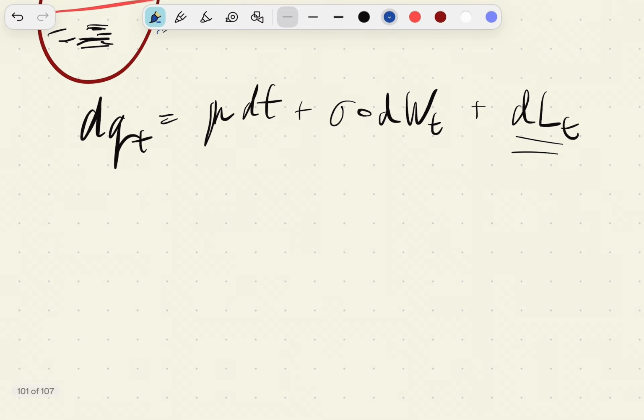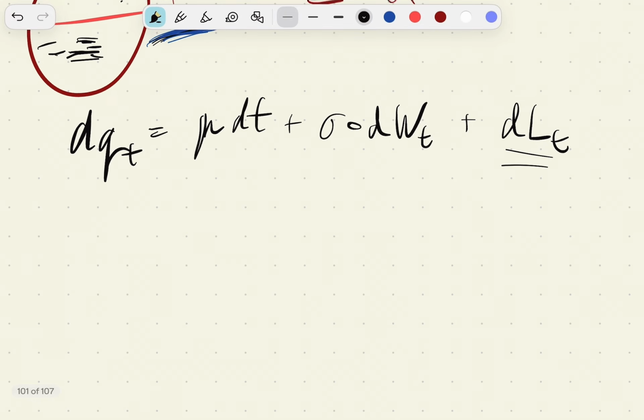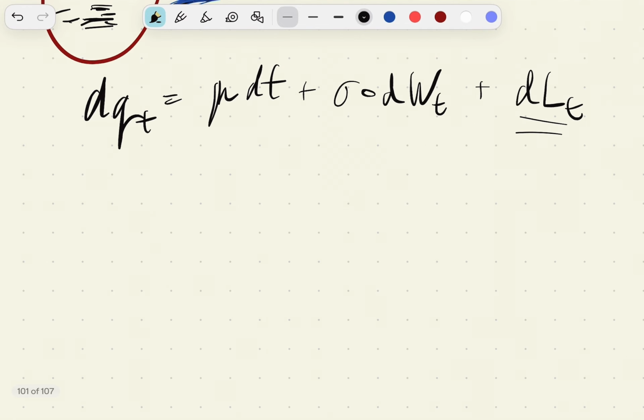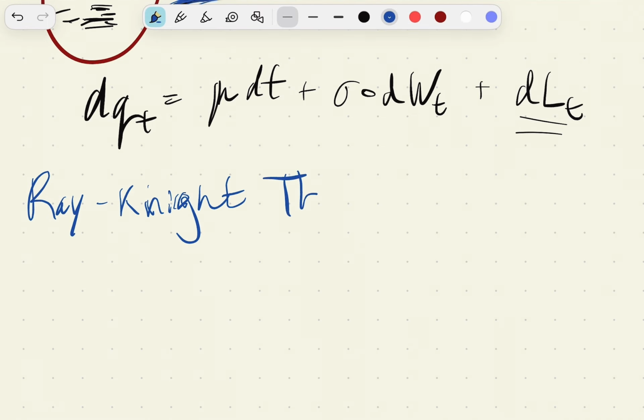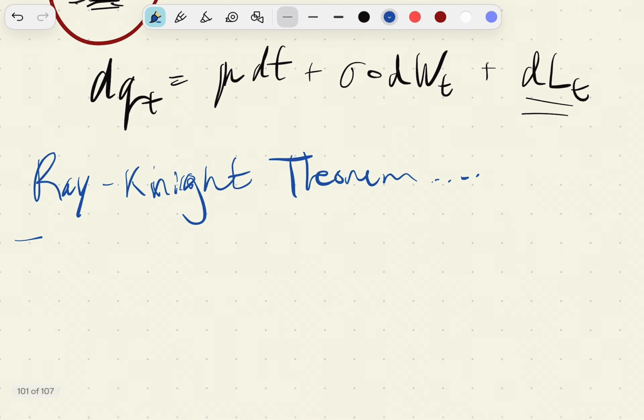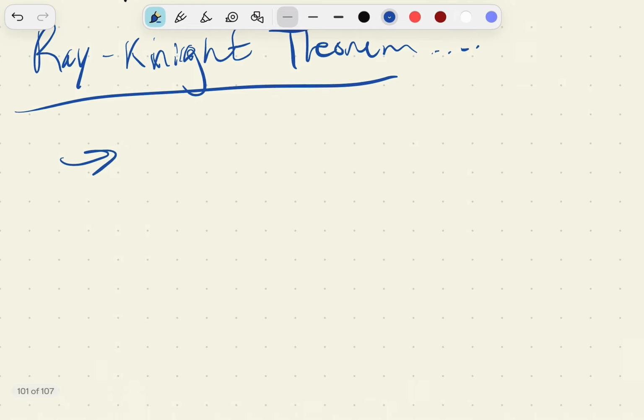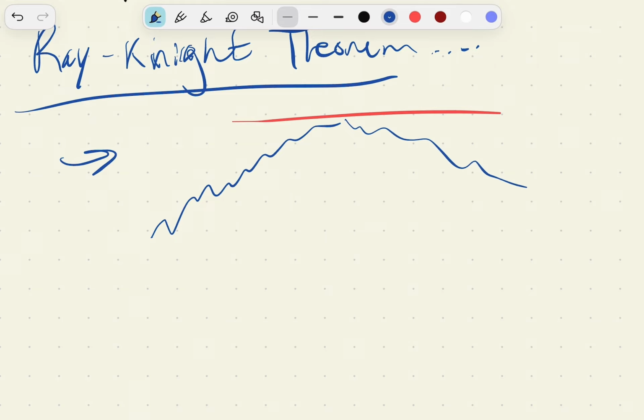And so the occupation measures the local time at a dense limit order book cluster. It could be given by something called the Ray-Knight theorem. And what this Ray-Knight theorem tells you is for a reflected Brownian motion, so you have a path, and then it's reflected over here, all right?